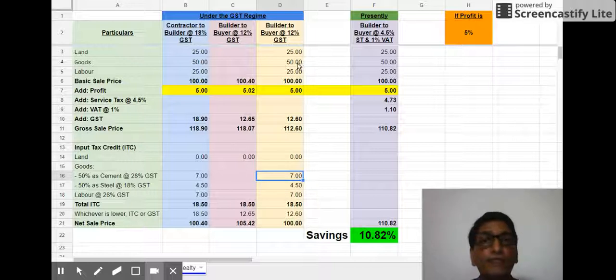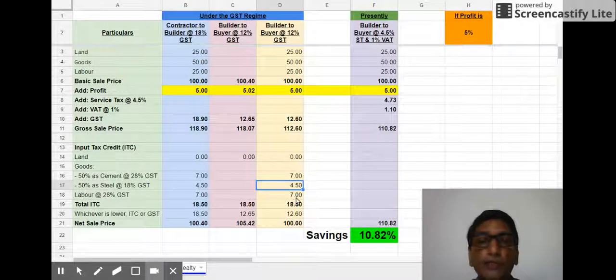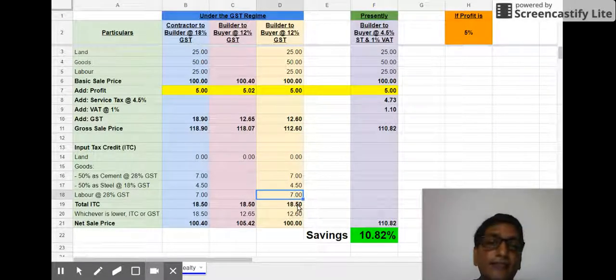On the cement component, GST at 28%, because 28% GST is specified for cement, comes to 7, and on steel it comes to 4.5, and on the labor component at 28% it comes to 7. So the total input tax credit available with the builder is 18.50.